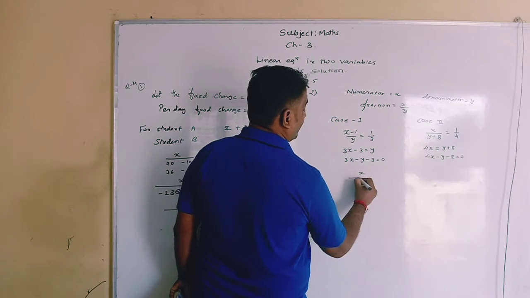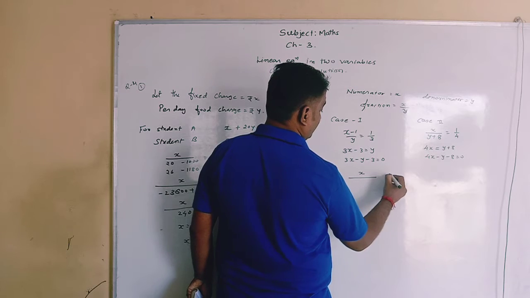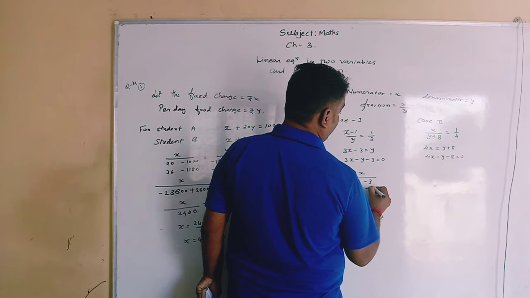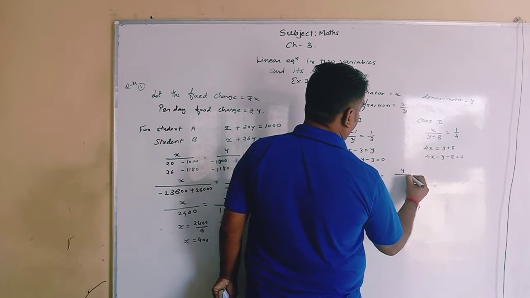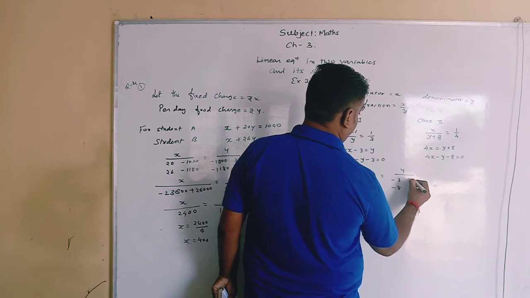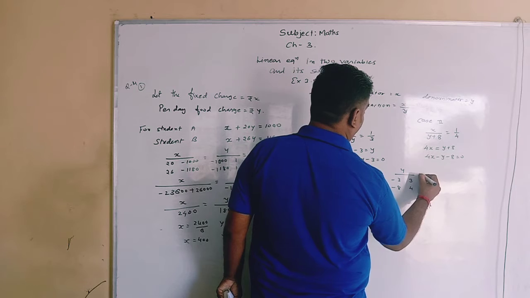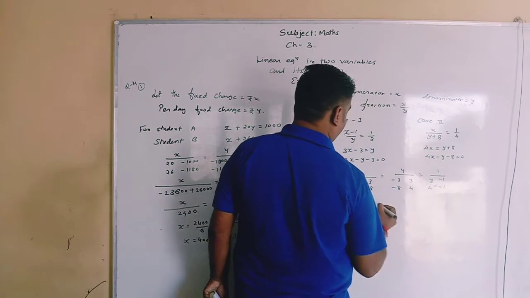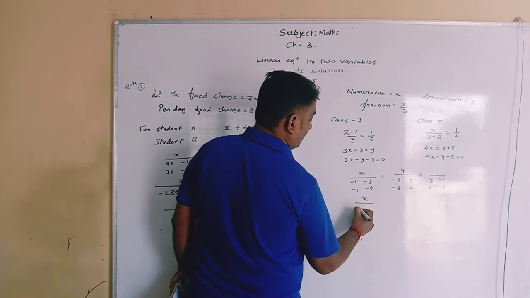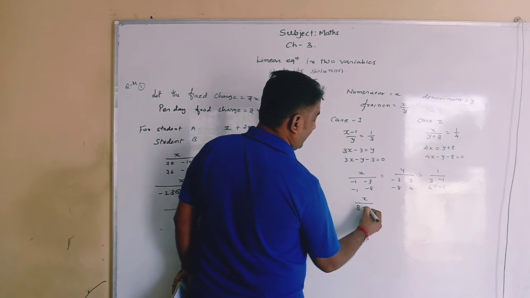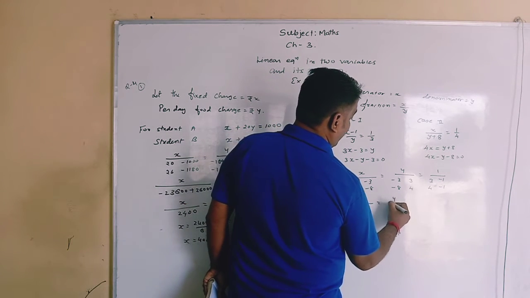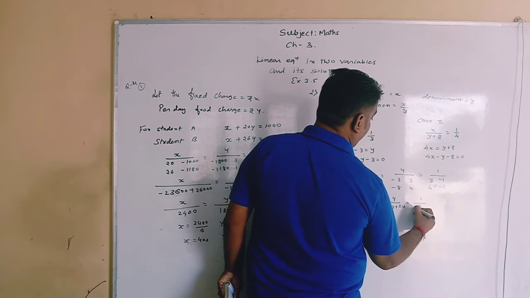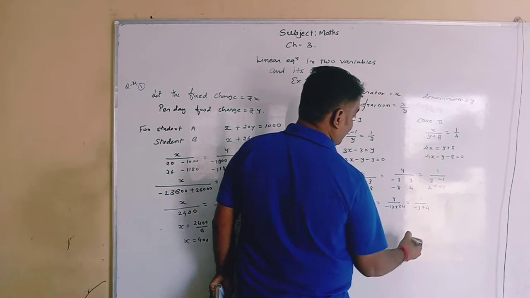So we write x upon minus 1 minus 1 minus 3 minus 8, y upon minus 3 minus 8, 3 4 and 1 upon 3 4 minus 1 minus 1. So x upon 8 minus 3, y upon minus 12 plus 24, 1 upon minus 3 plus 4.